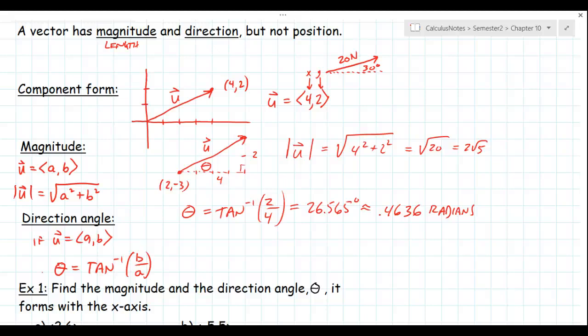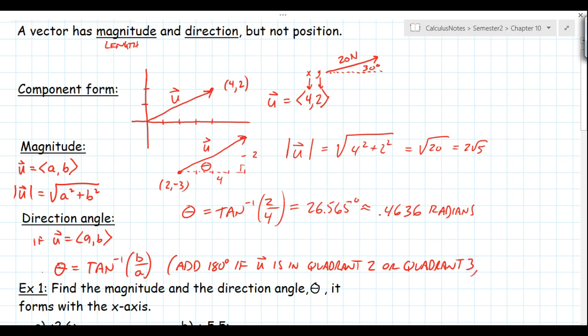Does anyone remember? Say that again? Add 180, that's right. And so you need to make a note to yourself to add 180 degrees if u is in quadrant 2 or quadrant 3.